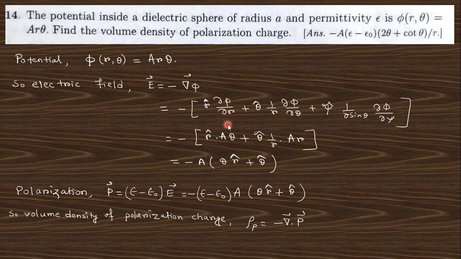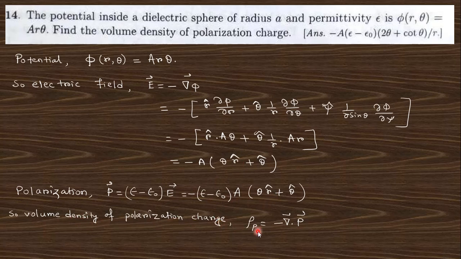So phi of r, if you differentiate with respect to r, you will get a theta, and if you differentiate with respect to theta, you get a r. So these cancel out, a taken as common, so you get theta r cap, and this is theta cap. So the polarization is nothing but this. Put the value of E, you will get this expression.